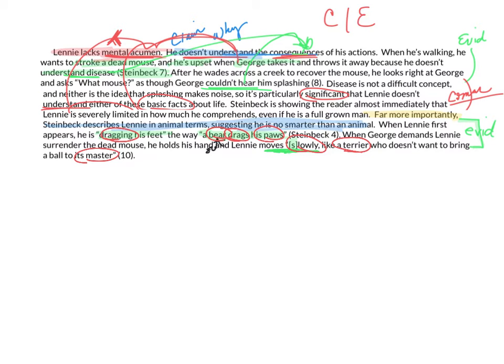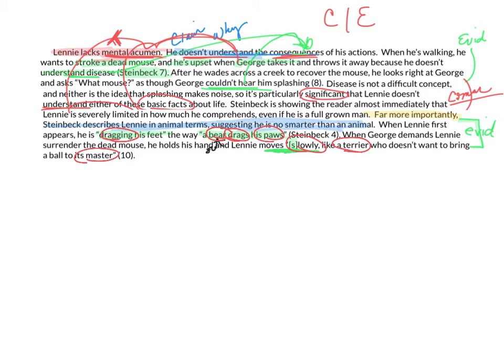What is the emotional result of these words? Dragging, is that like an uplifting word? Or is that a word that kind of pulls you down? Bear, dragging its paws. A terrier who doesn't want to come to its master. Are these words that create joy, or are these words that create sort of sadness?